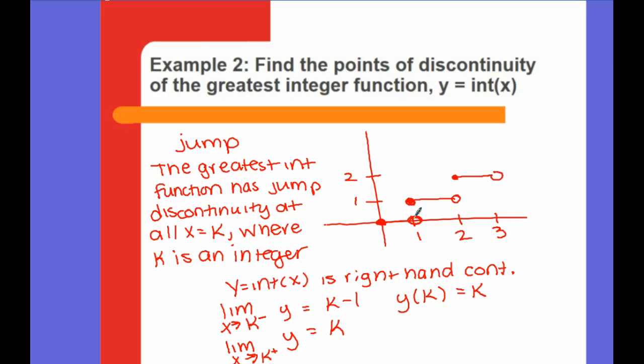If you want to talk about right and left hand, this function is right-hand continuous because the limit from the right will equal the integer as well as the value. Again, the limit from the left would equal k minus 1. The limit from the right would be k, and f of k will equal k. Therefore, it's right-hand continuous.